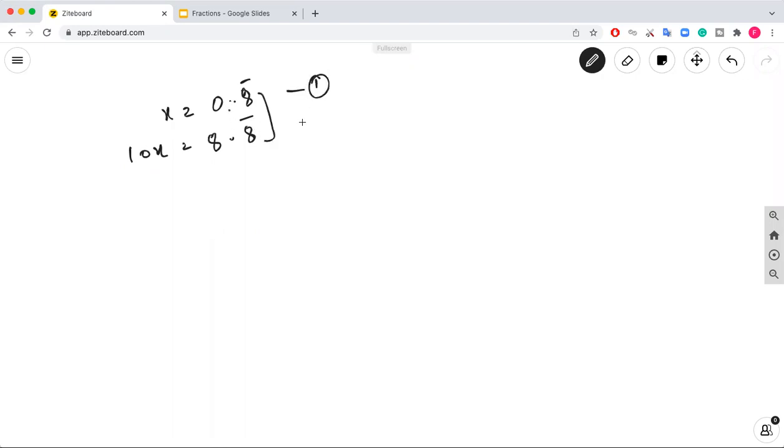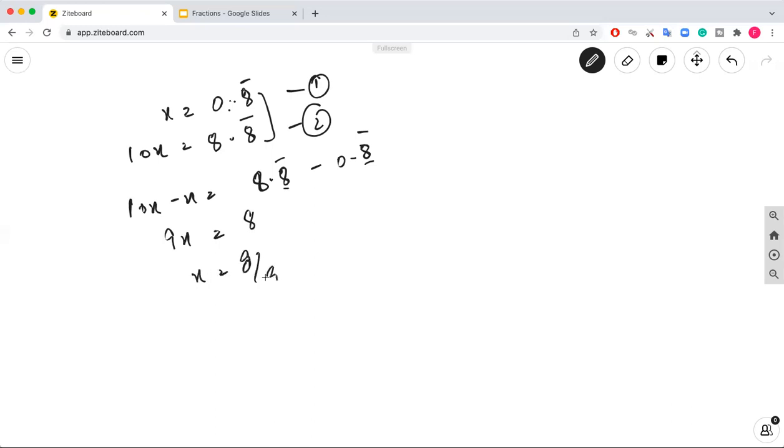So if I subtract 1 from 2, this will be 10x minus x is equal to 8.8 bar minus 0.8 bar. So this will cancel out and we are left with 9x is equal to 8, and x is equal to 8 by 9. This is a very simple question, right? So that's why the calculation is very simple.